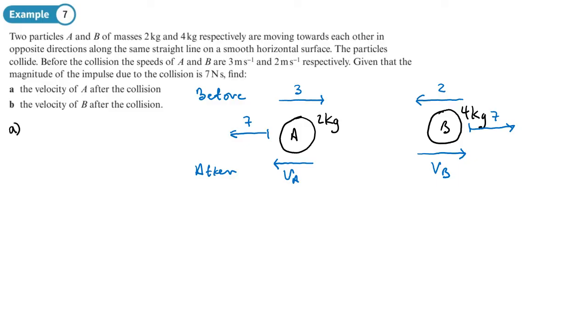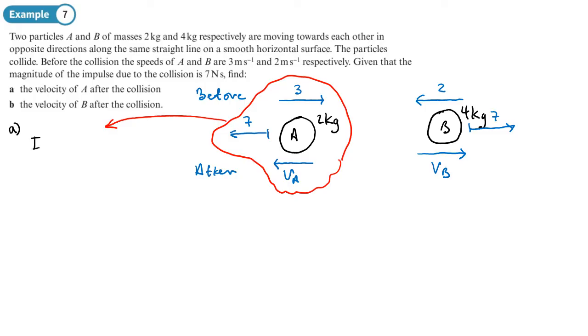So for part A, I'm going to be using this part of the diagram to get my impulse momentum principle. So I equals mv minus mu, and I'm going to take to the left as positive, so that'll give me 7 equals 2va minus 2 times negative 3.